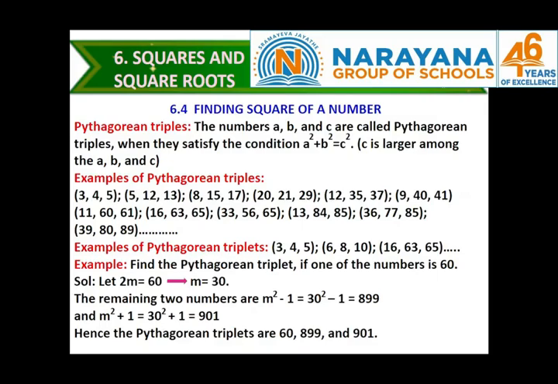Then I am comparing 60 is equal to 2m, then m is equal to 30. What are the remaining two numbers? m square minus 1, that is 30 square minus 1, is equal to 899, and m square plus 1, 30 square plus 1, is equal to 901. So the Pythagorean triplet here is 60, 899 and 901. But it is not possible in Pythagorean triples.